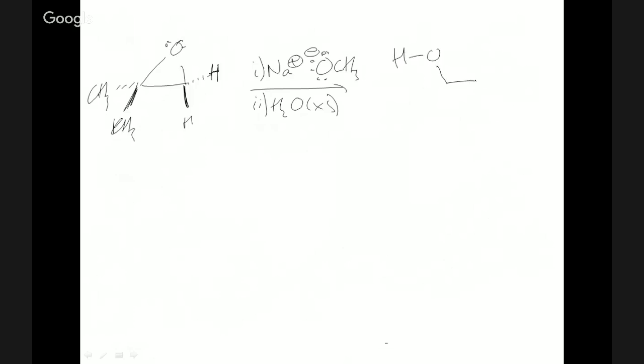It's going to attack one carbon. One single carbon, not both. Let's show that mechanistically.